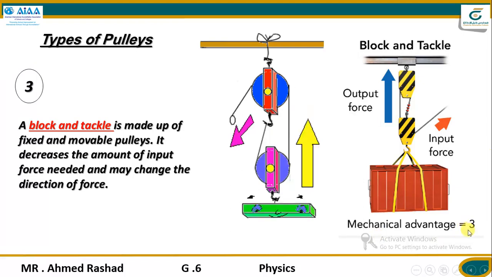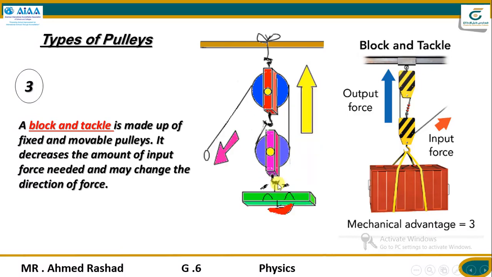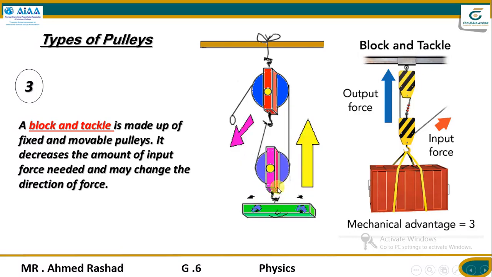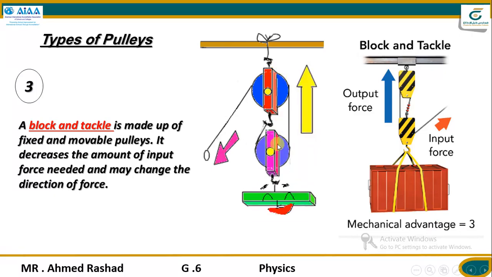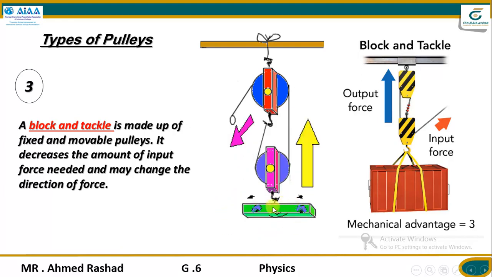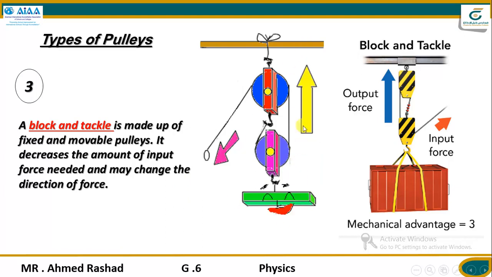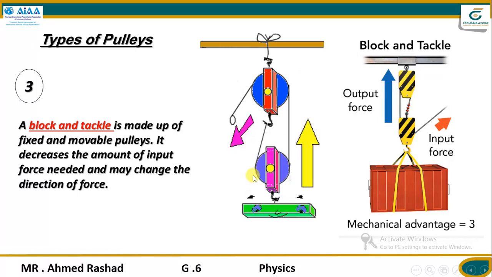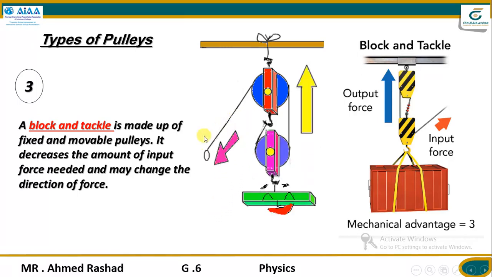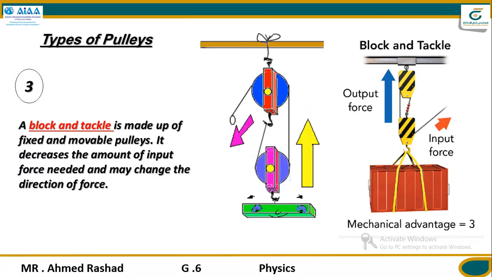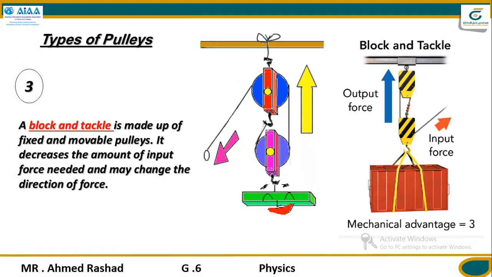You can watch in this video an example of the kind number 3 pulley. It's made up of 2 pulleys, number 1 fixed, number 2 movable, lifting the object off the ground, changing the direction between the input force and output force, and changing the amount of force needed by the input force. Now all of you know the 3 types of pulleys and the difference between them.